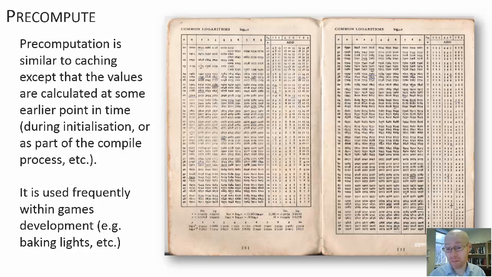Not a new idea. The image you have on this screen is from an old logbook. Back in ye olden days, before calculators were anywhere common, or smartphones with your calculator on it, you had a book with tables full of logarithms and the calculated values. So there they were, pre-computed values that were then shared out and could be used.